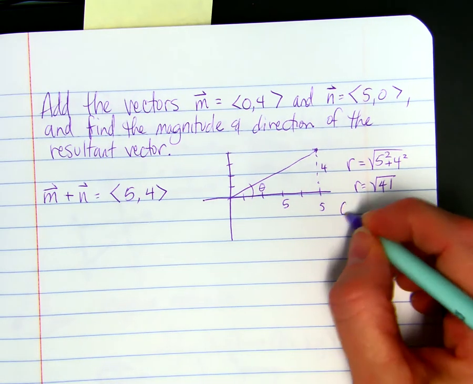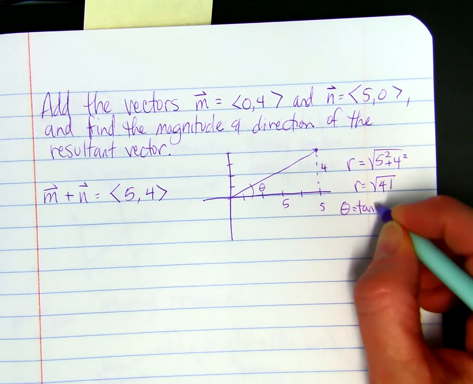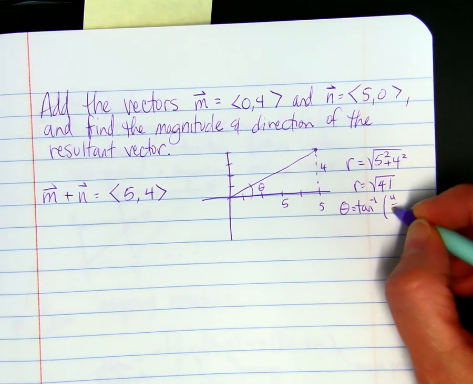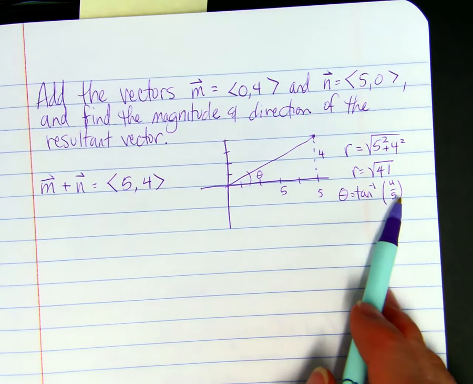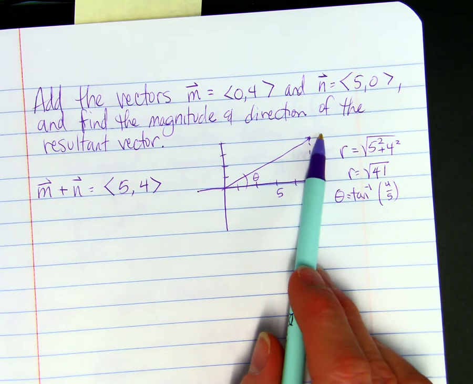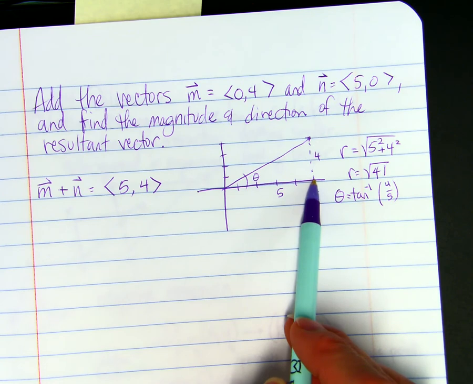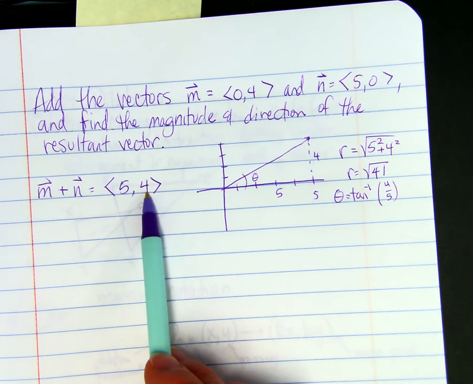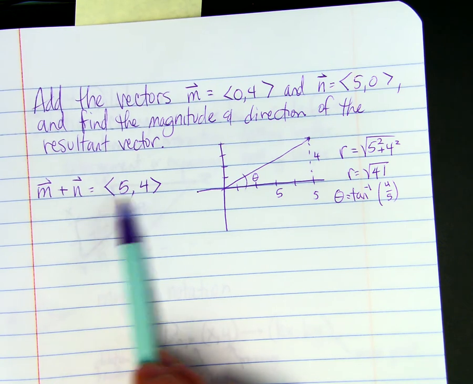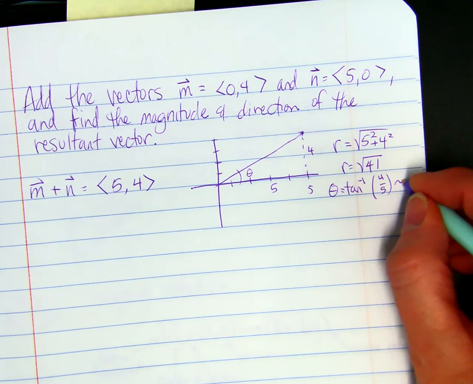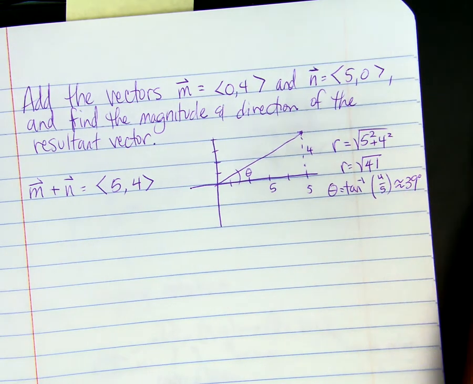And theta, we can do tangent inverse of 4/5. Now notice, every time we do the tangent inverse, we do the y value over the x value. So theta is always tangent inverse of y over x, if you look at these as x and y. So that's going to be approximately 39 degrees.